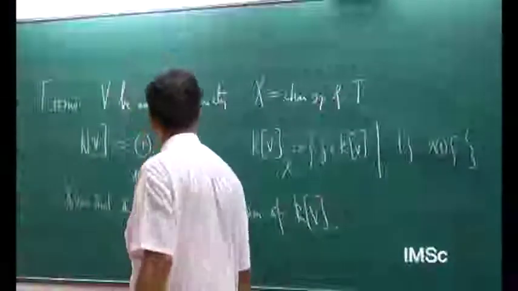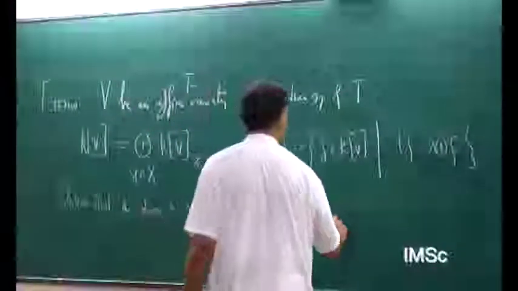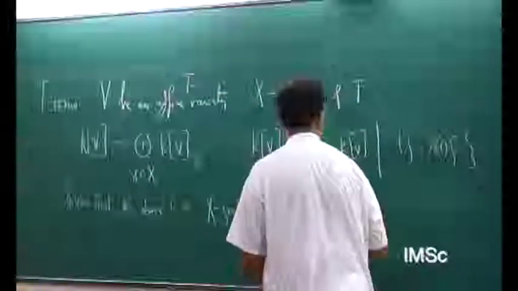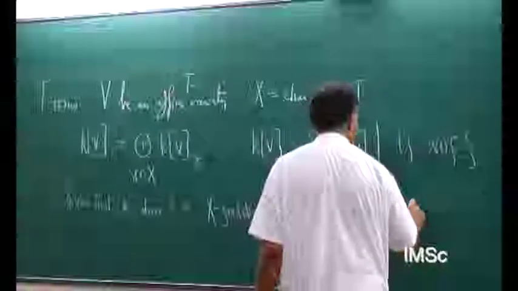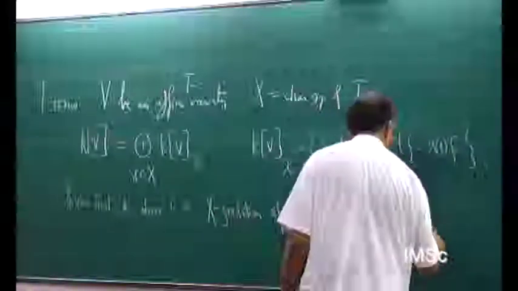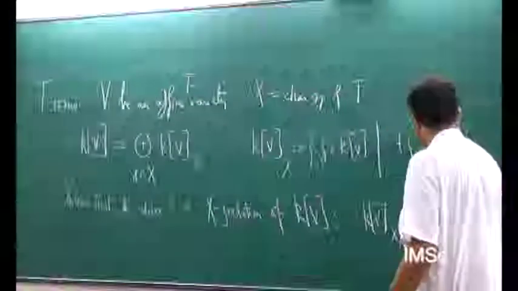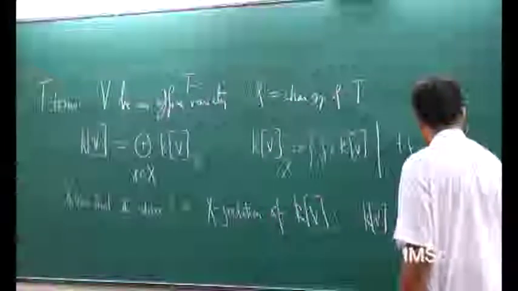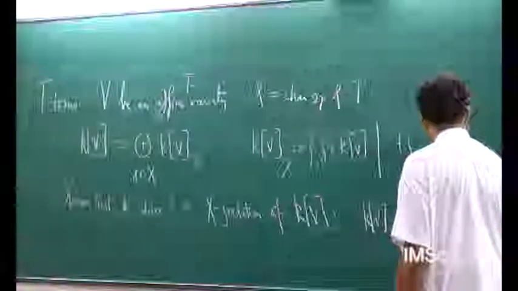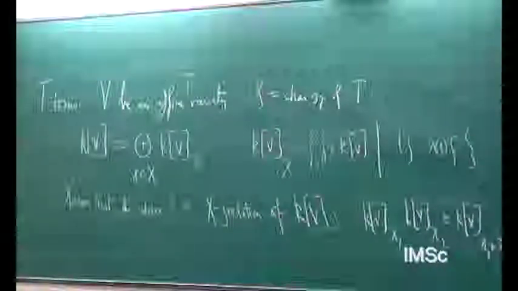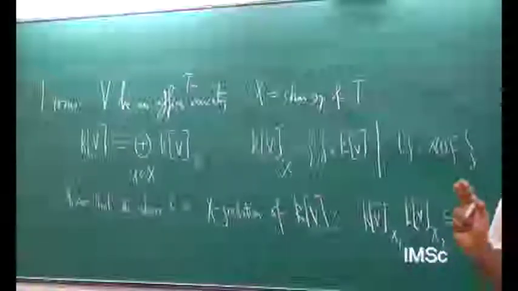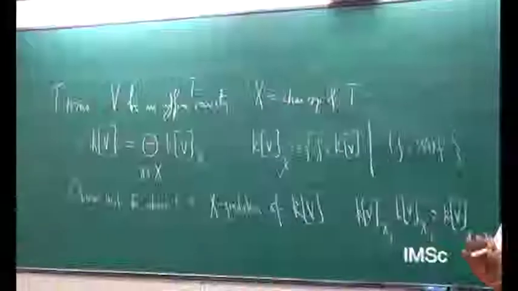In other words, k[V]_chi1 times k[V]_chi2 is contained in k[V]_(chi1+chi2). This is what a gradation means.